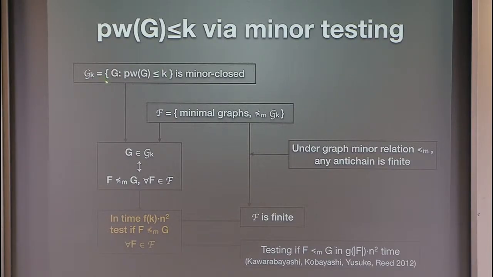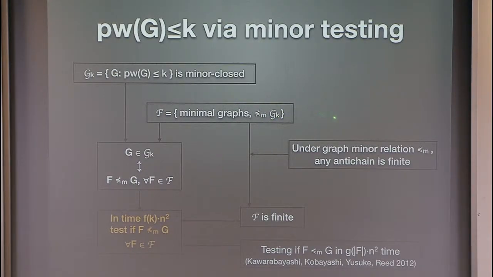Let's define G_k as the graphs which have pathwidth at most k, and this is minor closed. If you know the definition of minor, then it's again an easy exercise. And let's define F as the minimal graphs, minimal in the sense of the minor relation, among all graphs which are not minors of any of G_k.